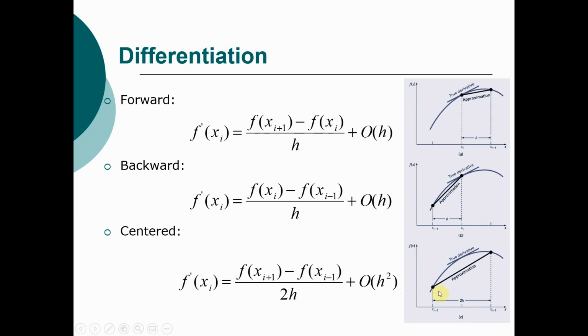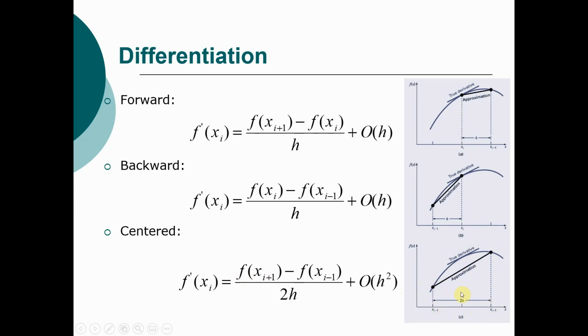If we connect them, there's a line here, and we use the slope of this line as the approximation for the slope of the tangent. So this is going to be f of xi plus 1 minus f of xi minus 1 divided by 2h, because we went one step forward and one step backward. That's why we have 2h here.